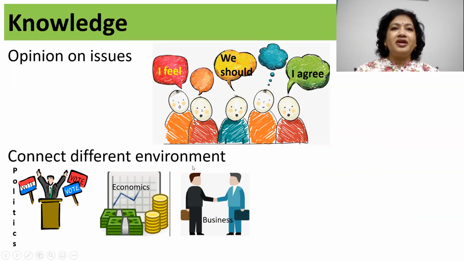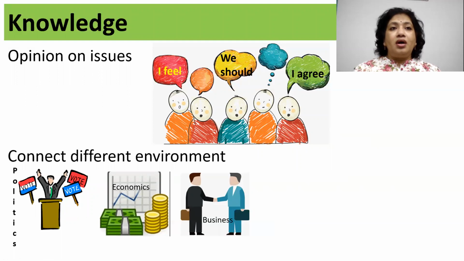Then connect different environments. Previously, we saw different environments. Now we are seeing different environments. This is about content, the content environment. So you may have political content, you may have economical content, and you may have business. Nobody can promise only this will come or this will come, or none of these may come.